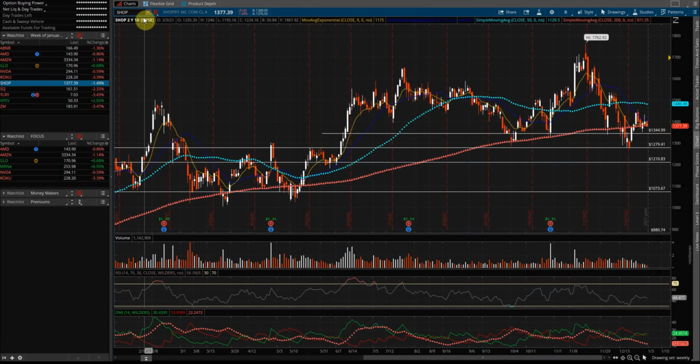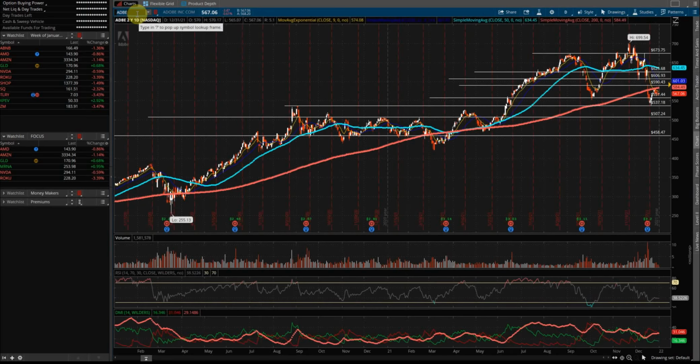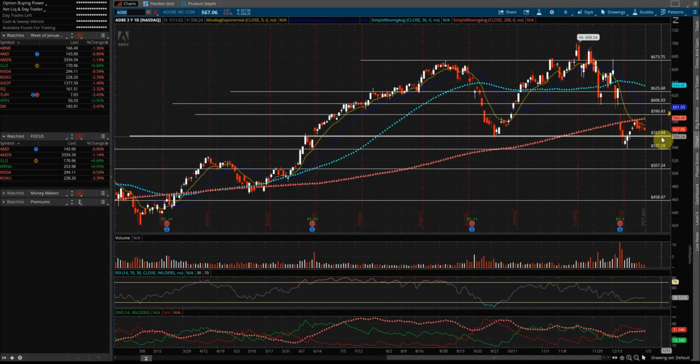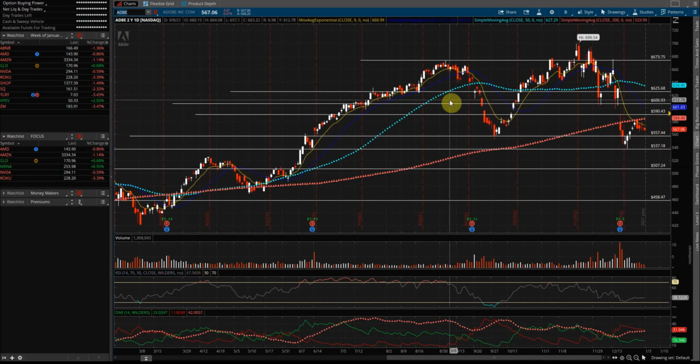So I'm gonna use Adobe as an example because it has both a major level on the downside and the upside. On the downside, we have 557 as a major support. If Adobe gets to 557, it could bounce off that level, and then retest that 575, maybe even come higher.